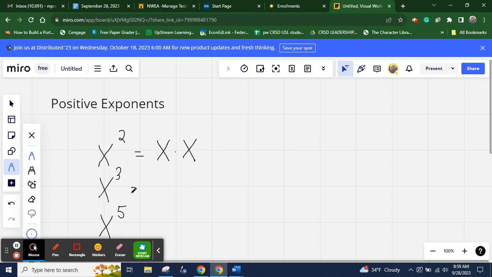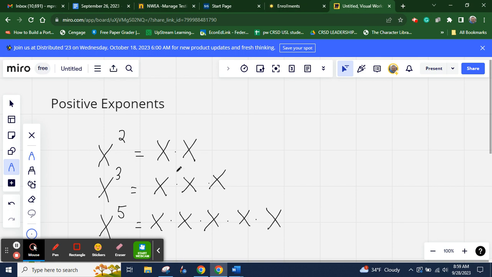This one, x to the third, means x times x times x. X to the fifth is just 5 x's: x times x times x times x times x, right?